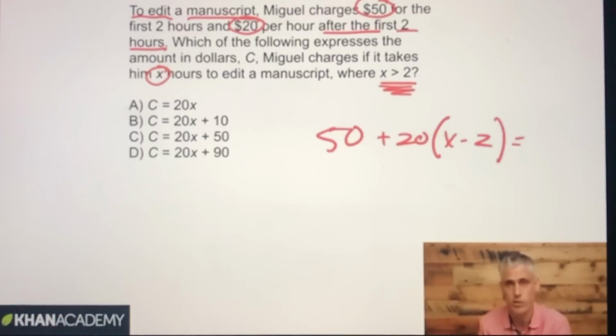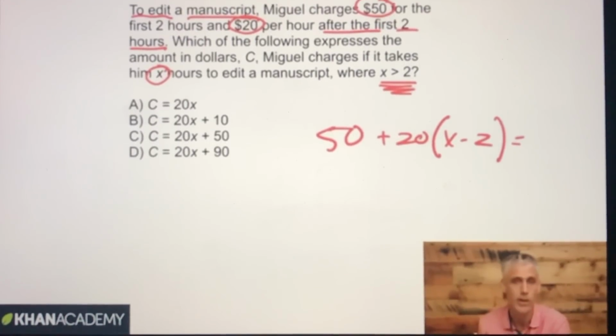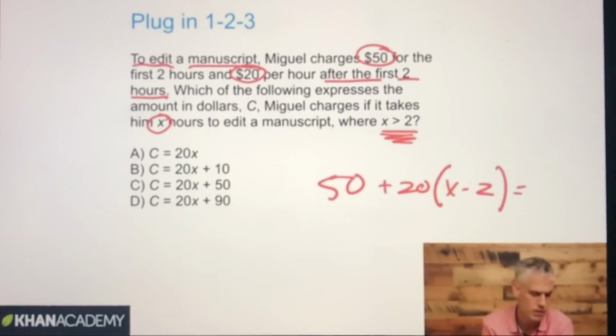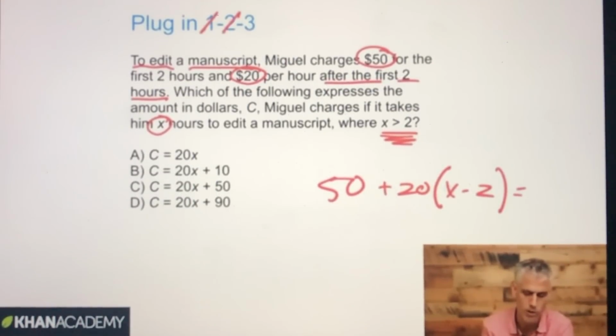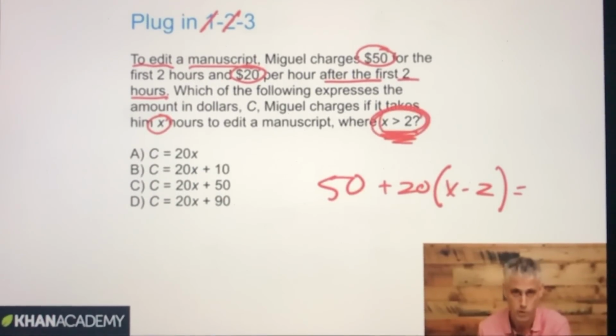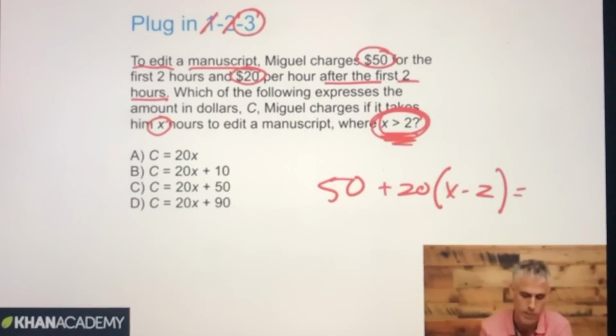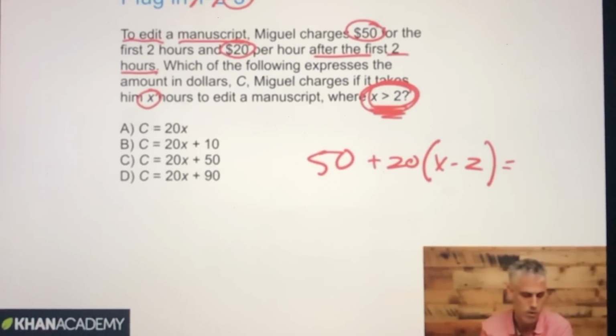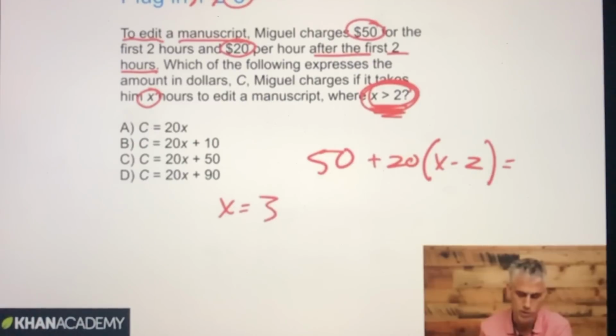If you look at an algebra question and you think, I just can't understand what's going on here, you could try plugging in. How would that look? Well, in this case, I'm not going to plug in 1 or 2, because X has got to be greater than 2. So we're going to try plugging in 3 and see what happens. I'm going to write down X equals 3.